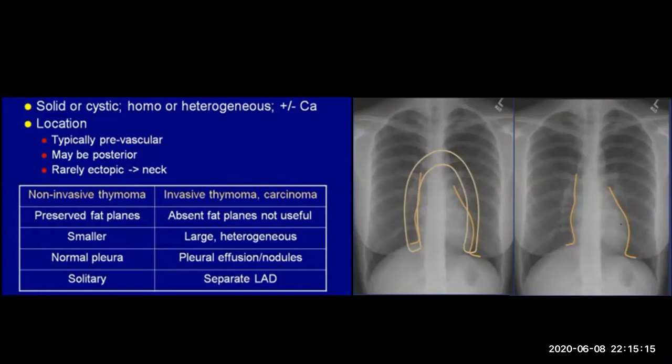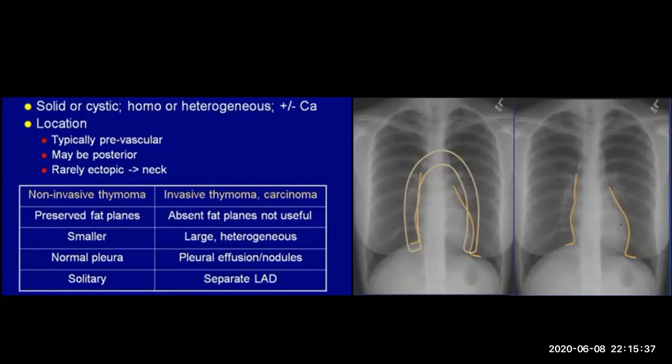With the non-invasive, we have preserved fatty planes, smaller size, and usually solitary. With the invasive, we have absent fatty planes, heterogeneous enhancement, pleural effusion or nodules, and spread to the lymph nodes.